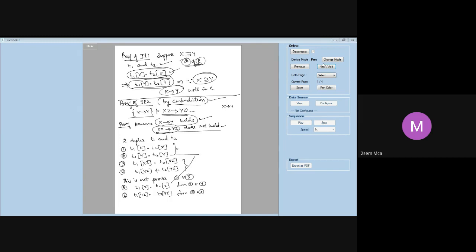Now this one, T1 of YZ is equal to T2 of YZ, this whole thing contradicts our 4. Hence you cannot say T1 of YZ is not equal to T2 of YZ. Hence your assumption is wrong. Hence you can always infer. Is that clear? The way we proved it?